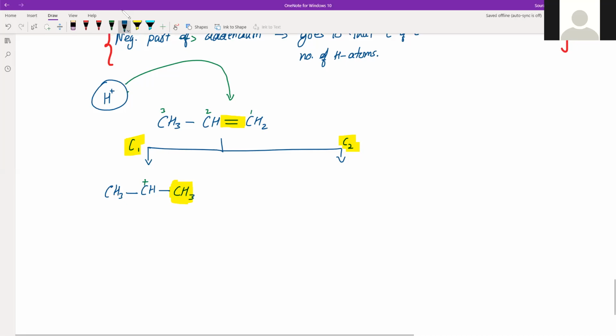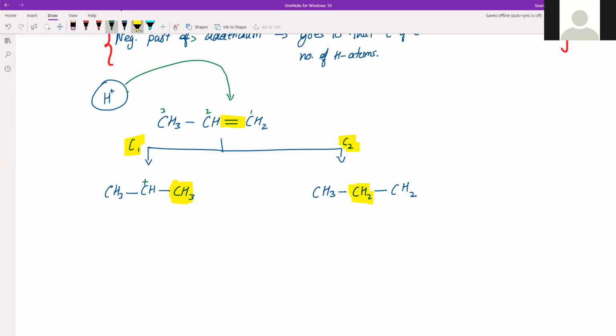And what will happen if it is the second case? In the second case, you will get CH3, CH2, and this CH2, because the hydrogen comes here and gets itself attached.